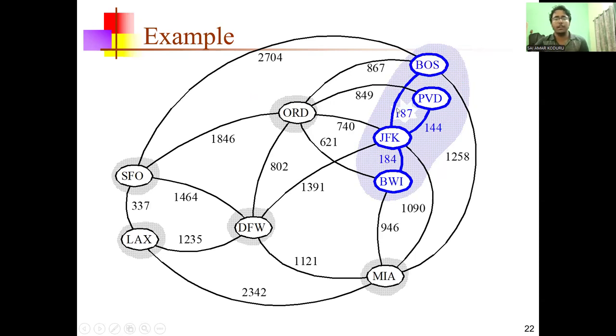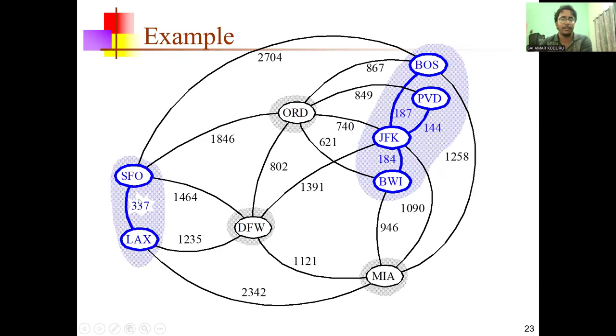Let's identify another least value among the given weights. 337. Yeah. SFO to LAX is the next least one. So we'll connect them. And now moving on to another least path, which would be ORD to BWI 621.